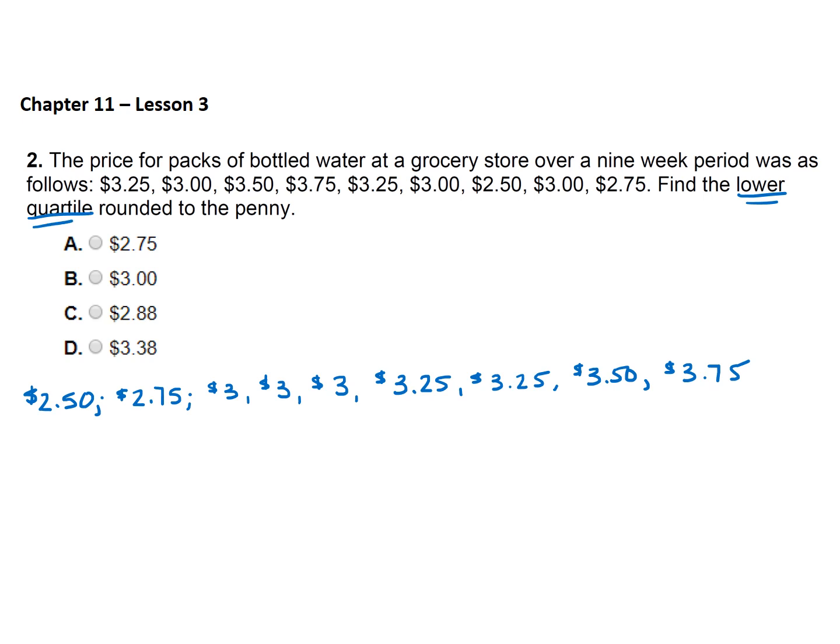And for any parents watching this video, and kids too, if you forget what they're asking for, use the words that they're talking about. The lower quartile. Quartile, quarters, dividing things into 4. So I'm going to have to divide. If I'm splitting something into quartiles, it means that I'm going to divide by 4.